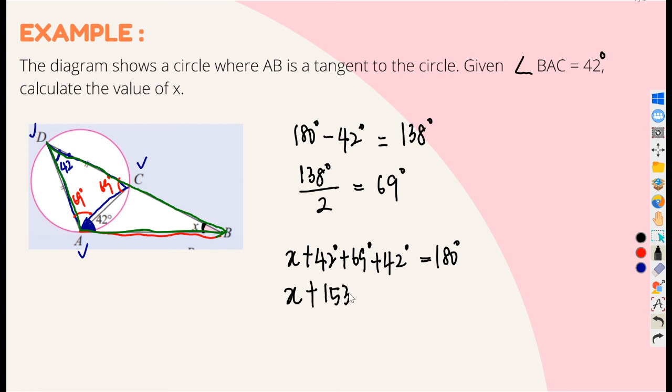All together here is 153. 153 is equal to 180, so x equals 180 minus 153. The answer is 27, so x here is 27 degrees.